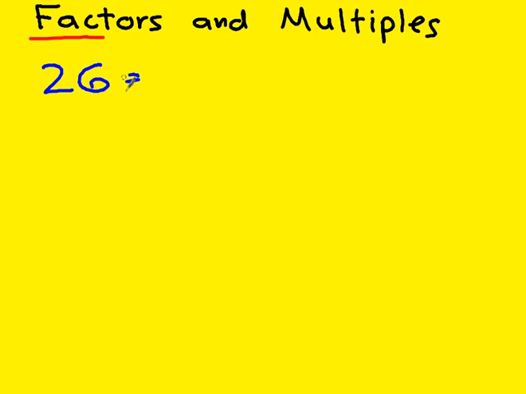What are the factors of 26? I'll give you a hint. There's not very many. 13 and 2, because 13 times 2 is 26. Great job. What's another one? 26 and 1. Are there any others?